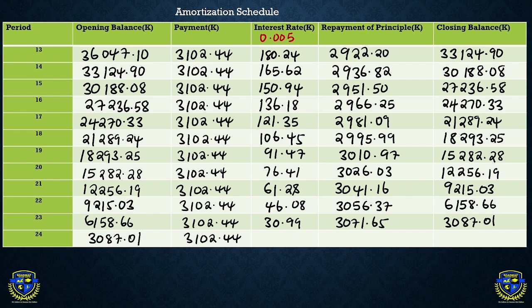Okay, multiply this by 0.005. We are going to have 15.44. Okay, 15.44. Then subtract 15.44 from 3,102.44. That should be able to give us something like 3,087.01.